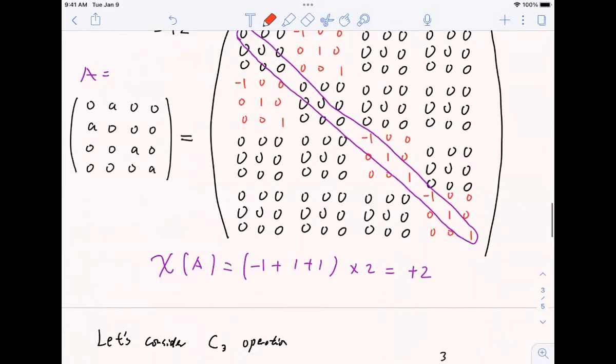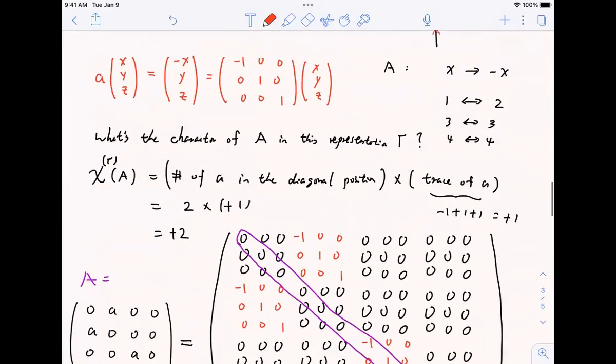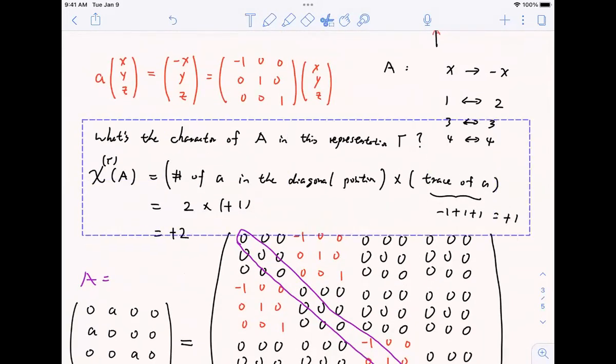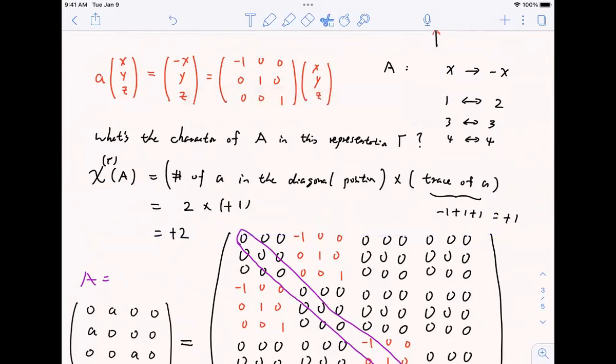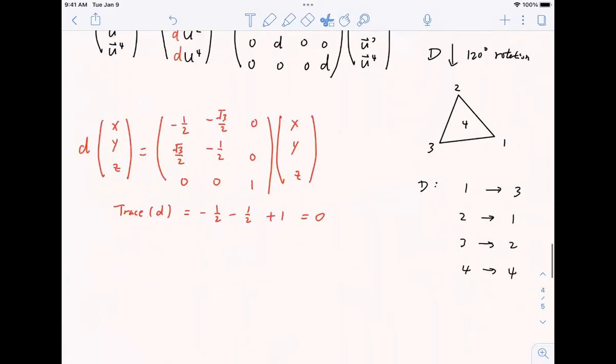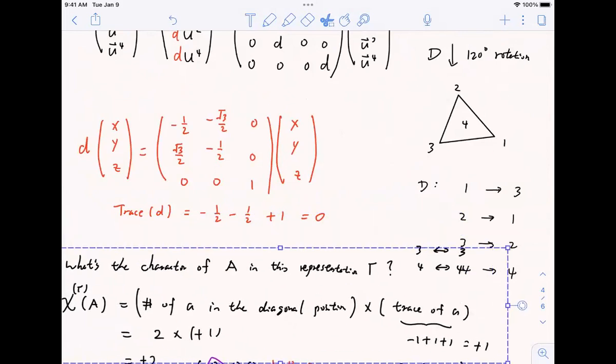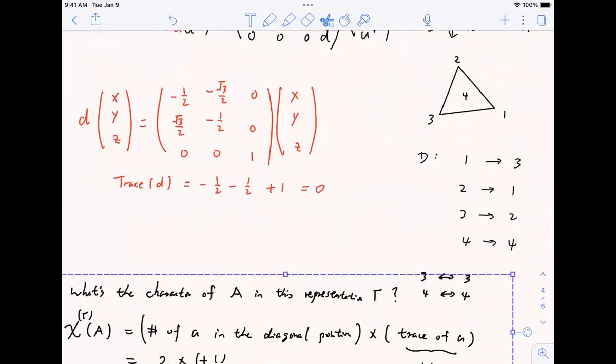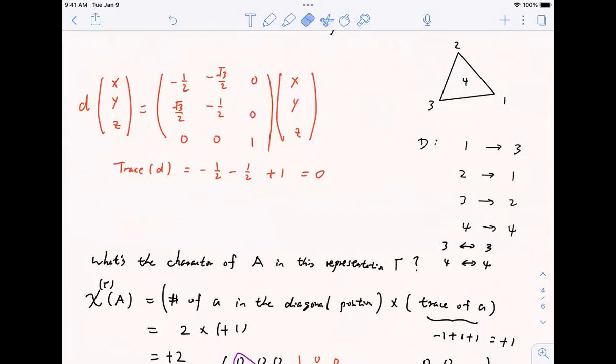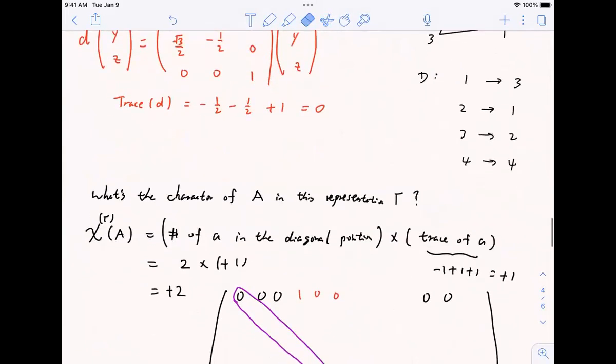Okay, so now let's get the character. What is the character? Then we basically just copy this thing. So what is the character of D in this representation?